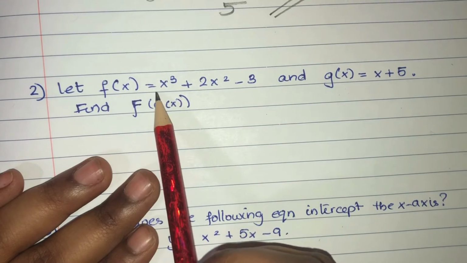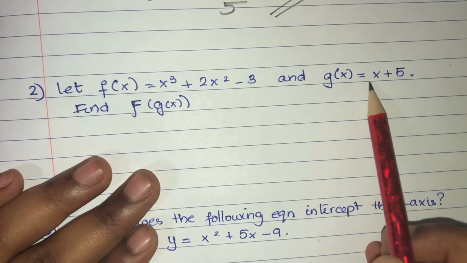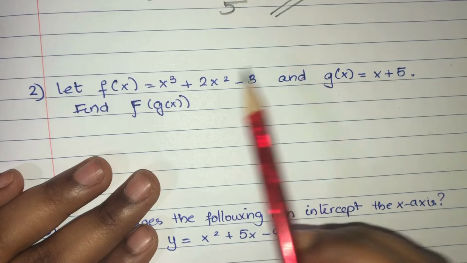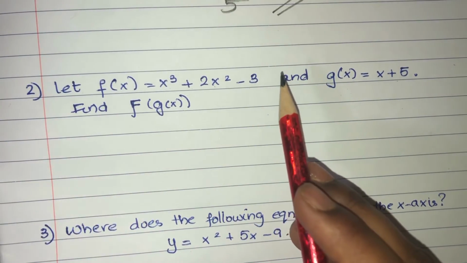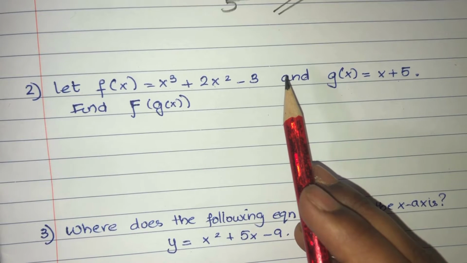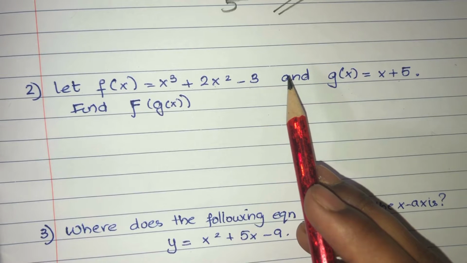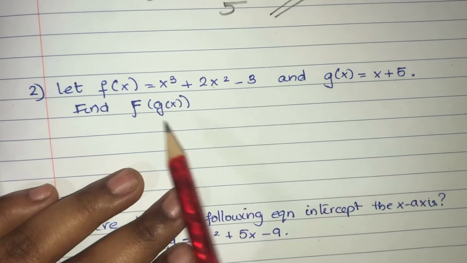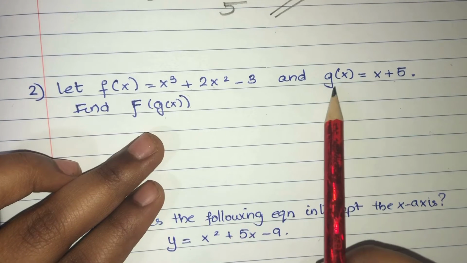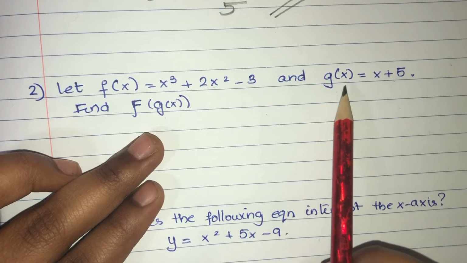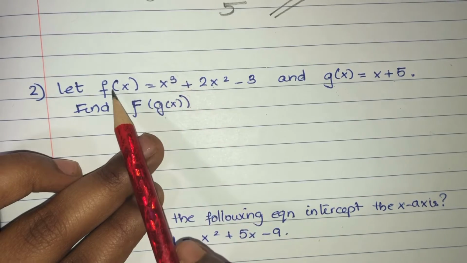Okay, now let's go to the second question. Let f of x is equal to x cubed plus 2x squared minus 3 and g of x is equal to x plus 5. Find f of g of x. This is the question we learned in grade 12 in advanced functions, where f of g of x is a composite function and g of x is substituted in for x in f of x.